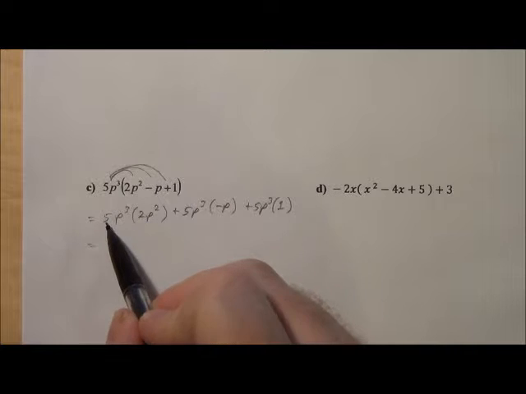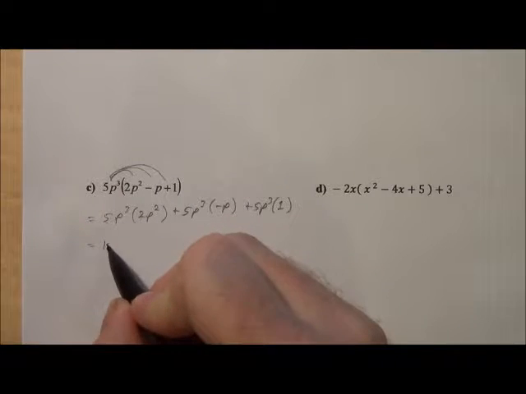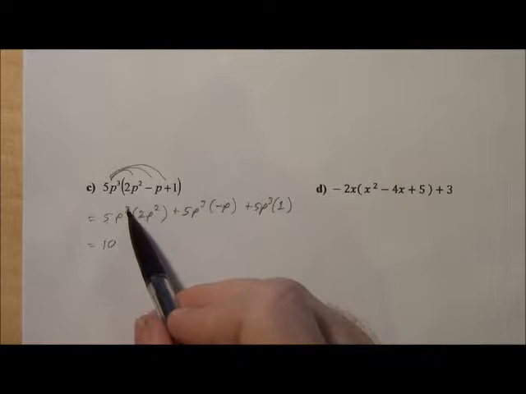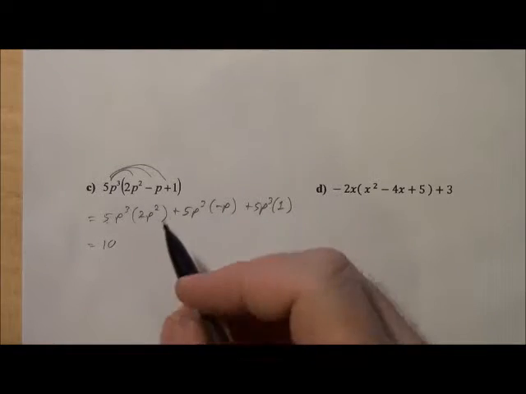We'll multiply the two coefficients together to get 10. We multiply the two powers together by adding the exponents and leaving the base the same.